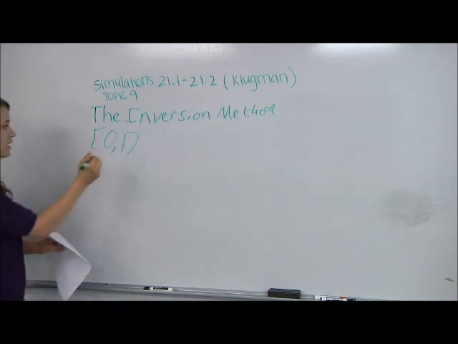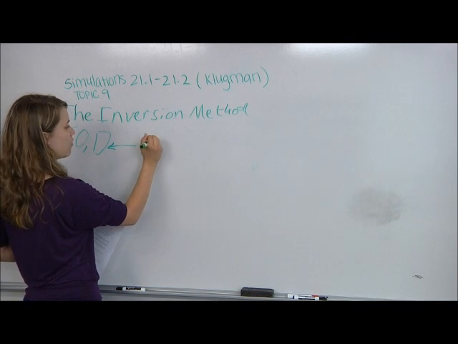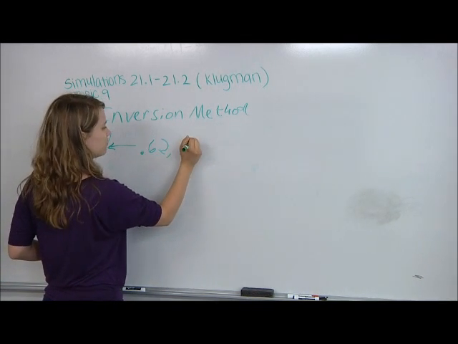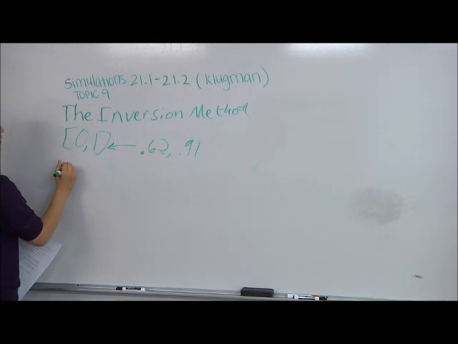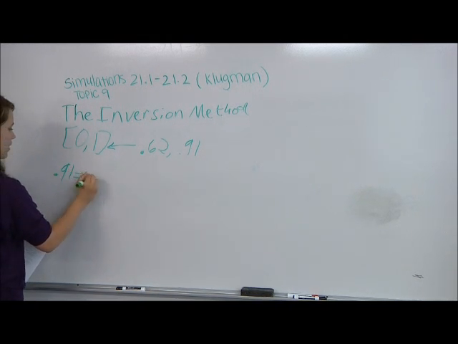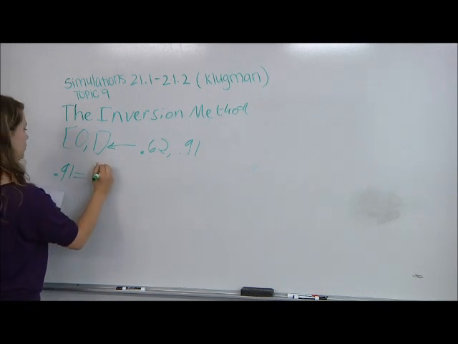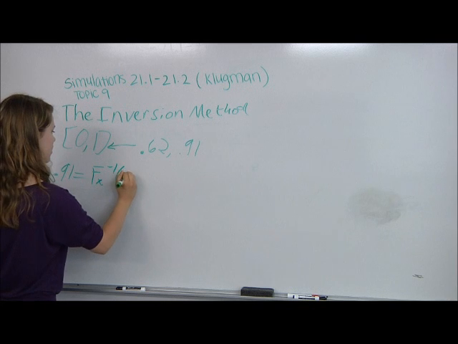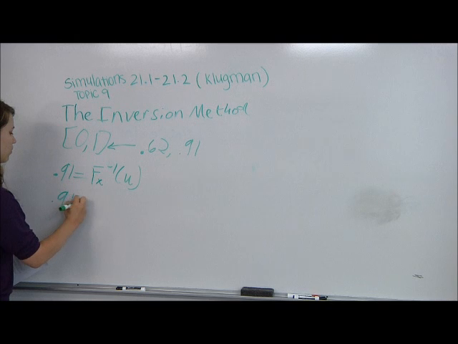We take the numbers that are given, say 0.62 and 0.91, and we set those equal to the inverse cumulative distribution function. In other words, we're generally told that these numbers come from, say, an exponential distribution, and then we set those equal to the exponential distribution's CDF and solve for what our x would be.